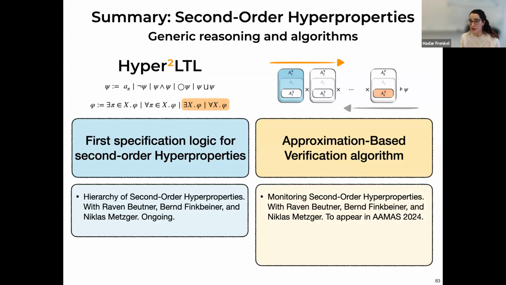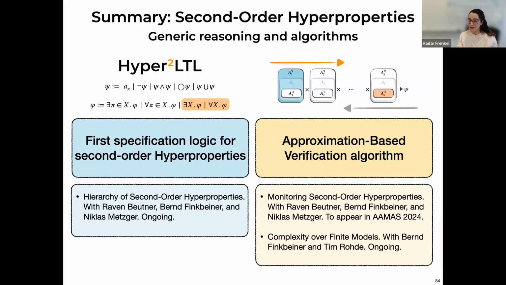In our paper, we showed a monitoring approach that allows us to verify these properties based only on executions that we observed. And since in monitoring you observe executions, you only observe finite executions. You cannot observe anything that is infinite. And we are also working on the complexity of the problem over these finite executions.